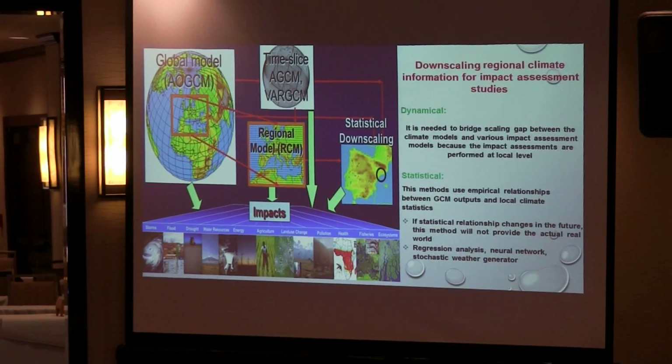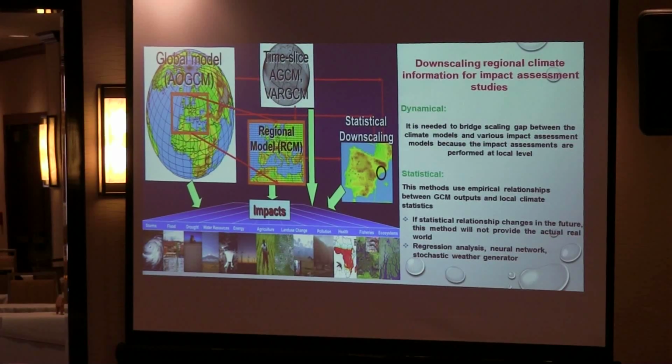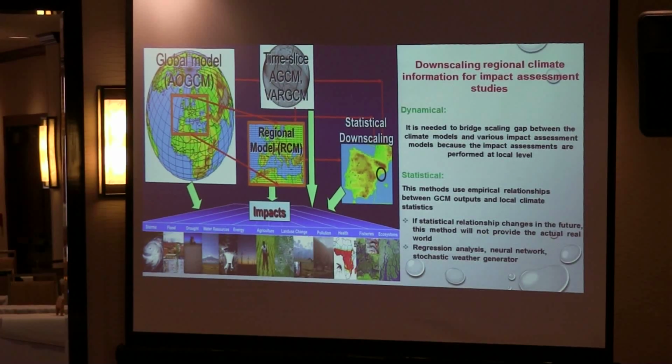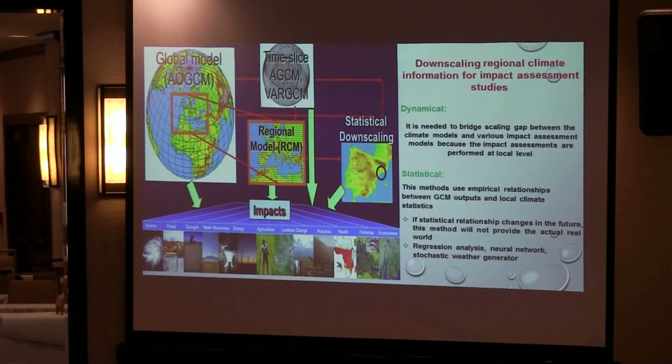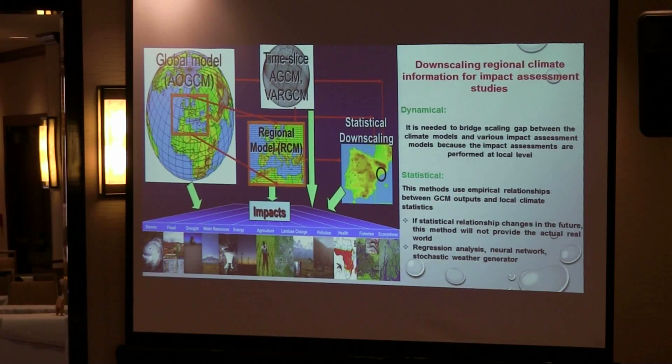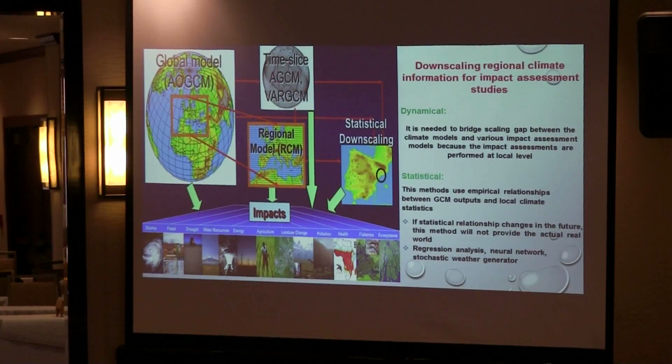In order to analyze climate change impact assessment studies, we use two types of downscaling techniques. First is dynamic downscaling and second is statistical downscaling. Both have some advantages and disadvantages.